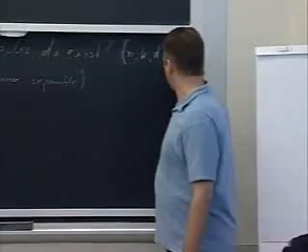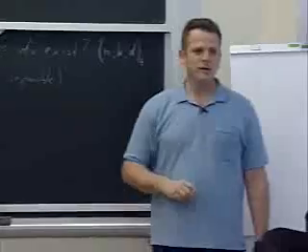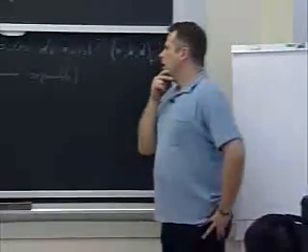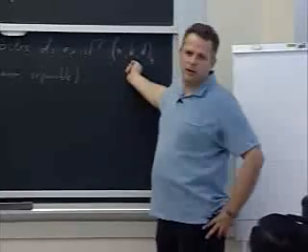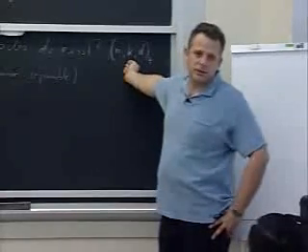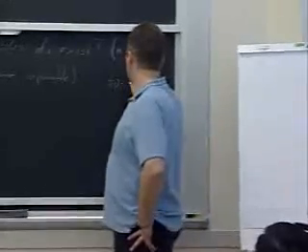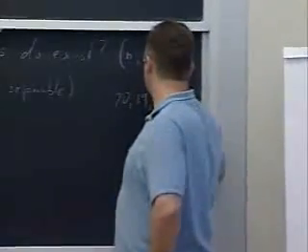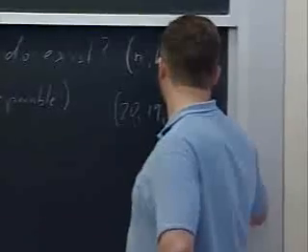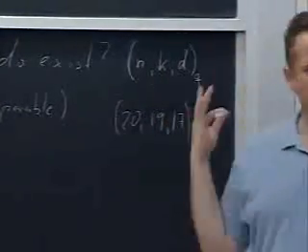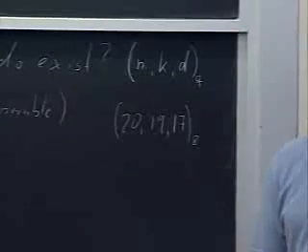And let me add a q, if I want to emphasize that this is over the q-ary field. Okay, so are all numbers possible here? Do we have a 20, 19, 17 code over, I don't know, over F8? Is this possible? What would you think?